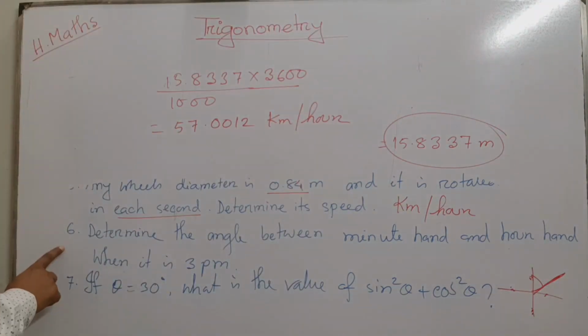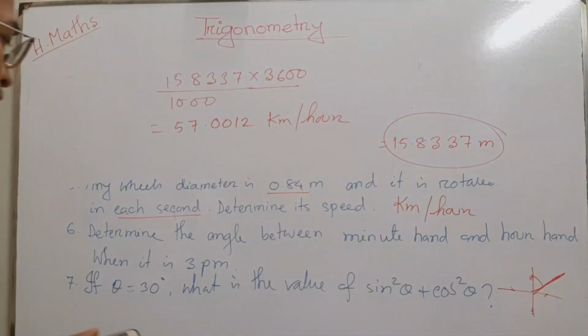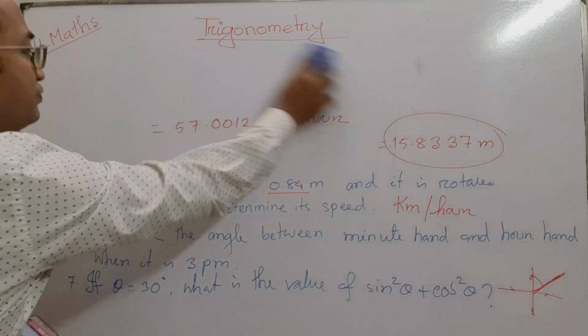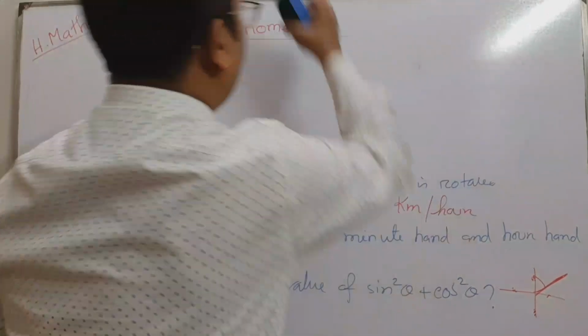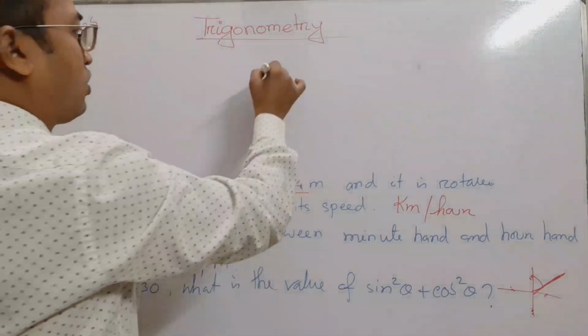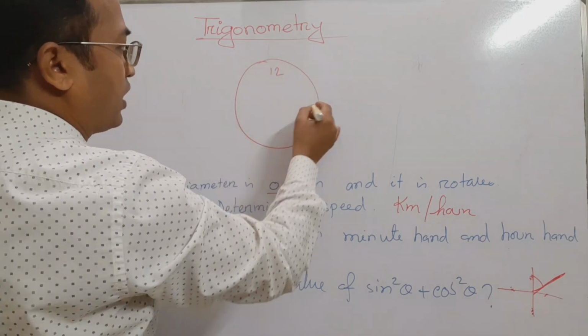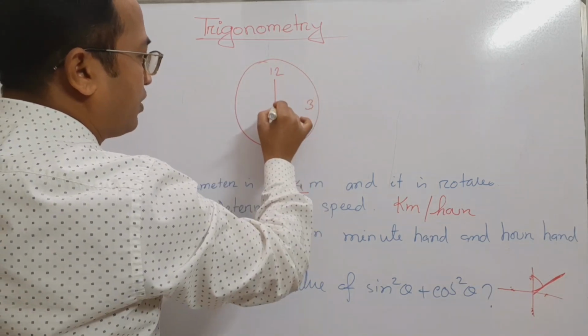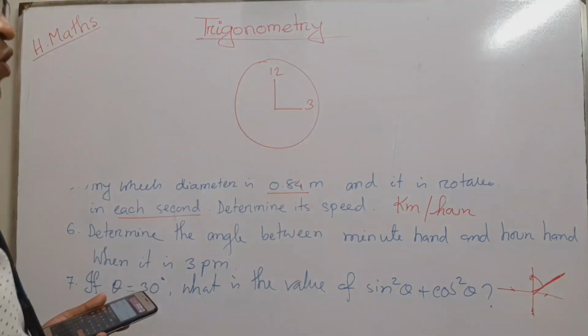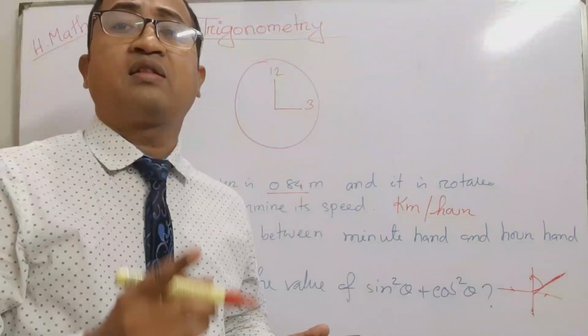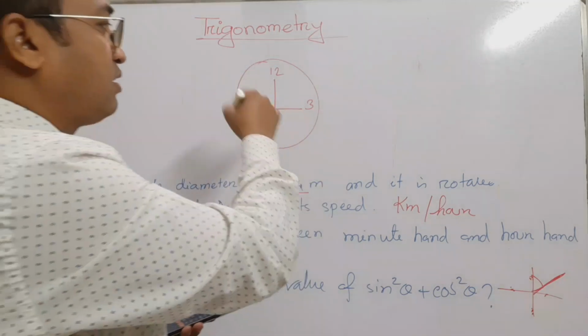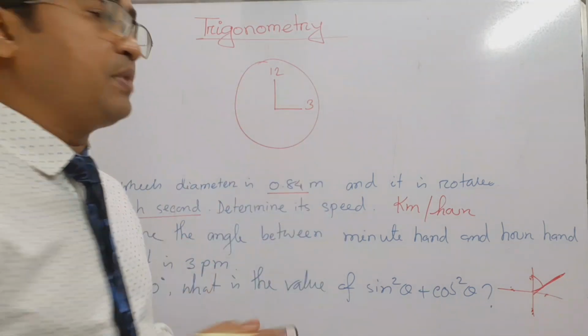Now 6 number question. Determine the angle between the minute hand and the hour hand when it is 3 p.m. In a clock, this is 12 and this is 3. Like this. Look, we know there are 360 degrees in that clock and there are 60 minutes.